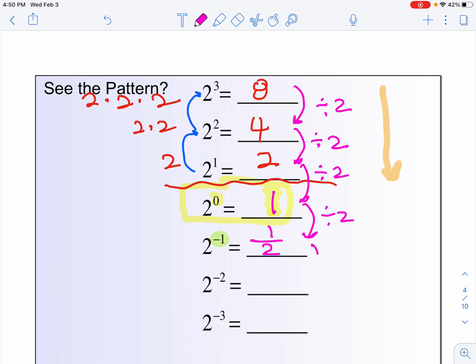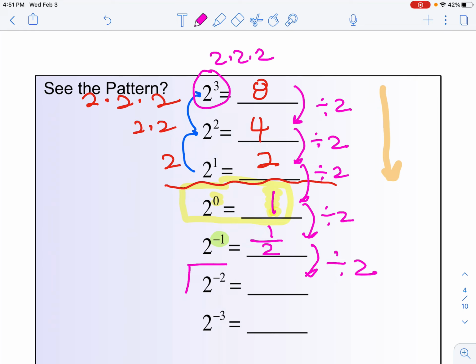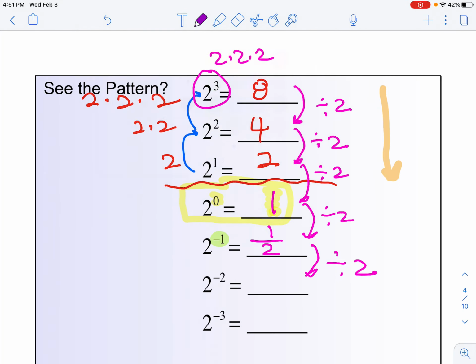So let's keep going here, and let's see what happens now if I divide by 2 again. Okay, because that's what's going on. When you have 2 to the 3rd power, it means 2 multiplied 3 times. And when you have 2 to the 2nd power right here, what it really means, what 2 to the -2 power means, you're taking 2 and you're dividing by 2 twice.